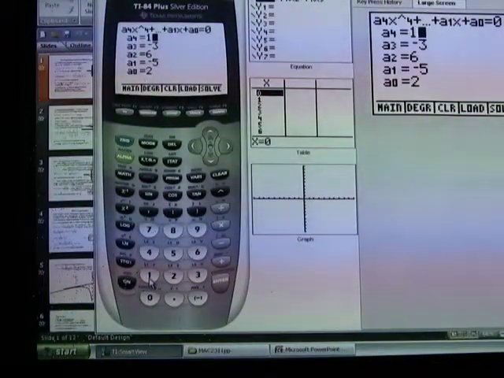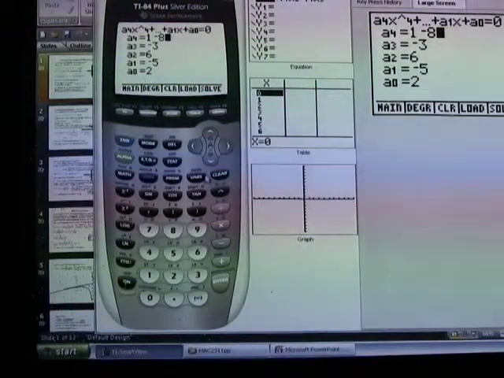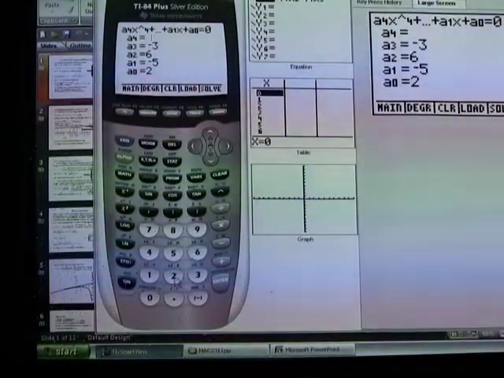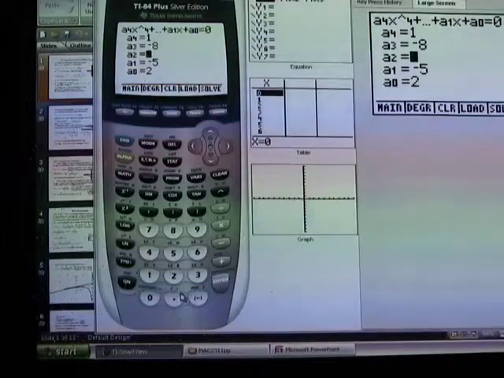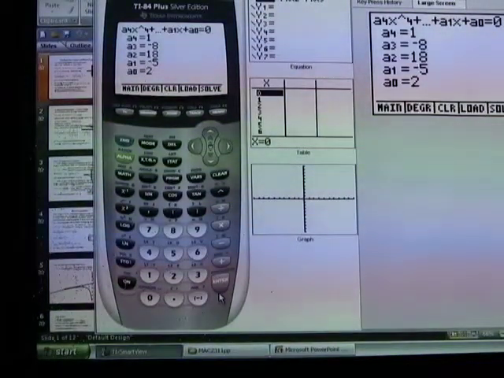Our a3, the coefficient of x cubed, is negative 8. Oops, I need to clear that. That's 1, enter. a3 is negative 8, enter. a2 is 18, is that right? 18 x squared, enter. Our a1, the coefficient of x, is negative 16. And the constant term is 5.